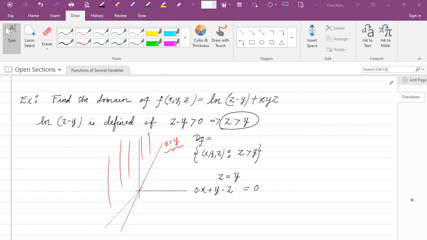Well, so the domain would be the collection of all points x, y, z in R3 such that the third coordinate is bigger than the second coordinate.